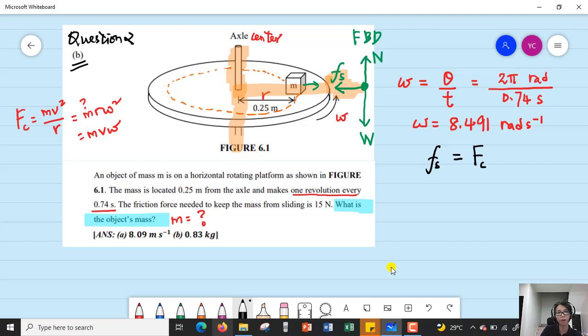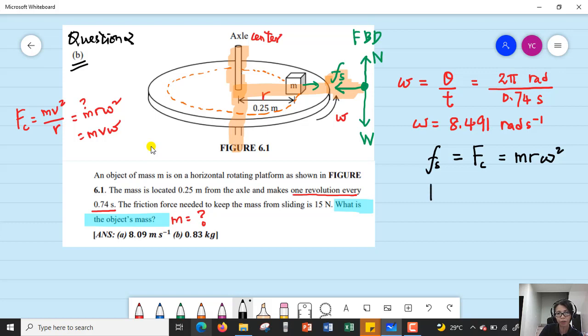So centripetal force is mv squared over r, or we might use mr omega squared, or we might use mv omega. So which equation do we want to use? We check the information given. Since we know the angular velocity, I'll use the second one. So friction force equals mr omega squared.